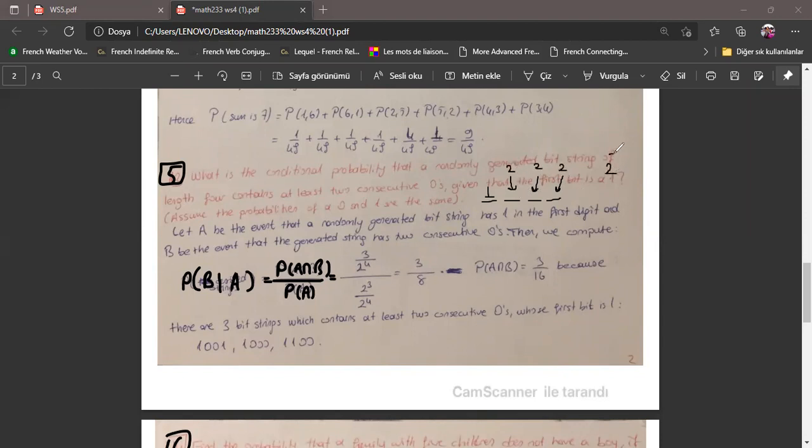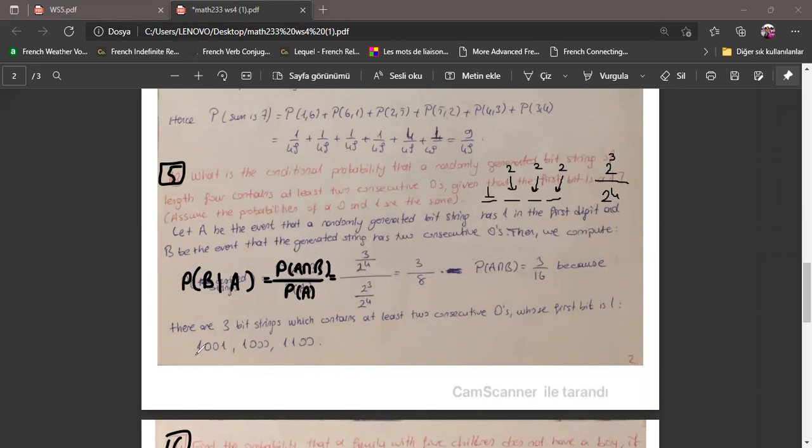So we have 2 to the 3, the possible desired outcomes. And what do we have here? So in how many ways can we generate this bit string of length 4? It's 2 to the 4, right? So we have this. This is P of A. Now, what's the probability of A intersection B?